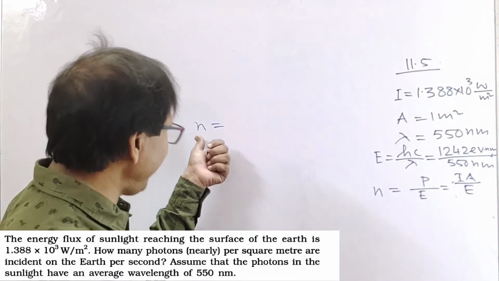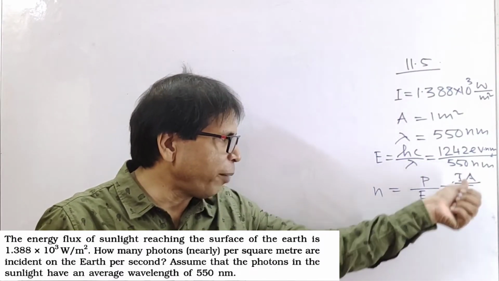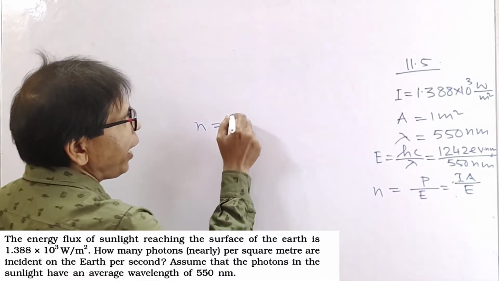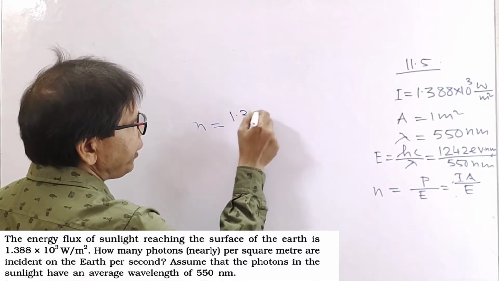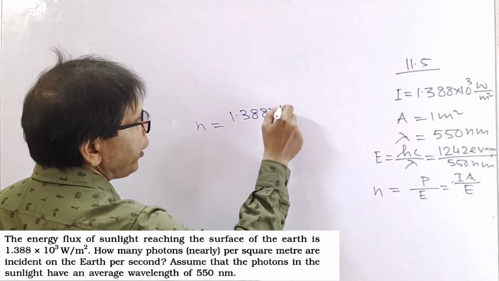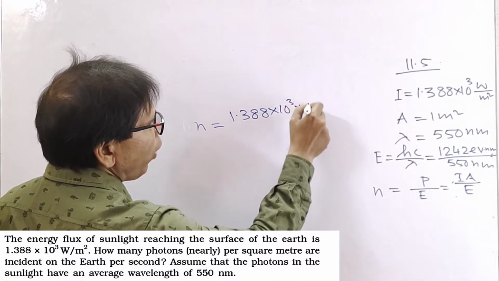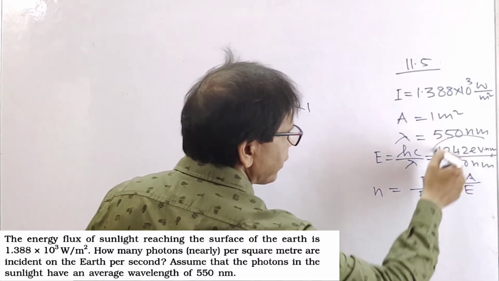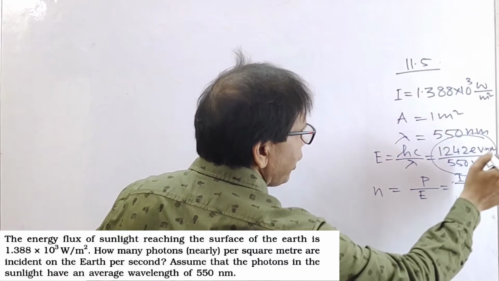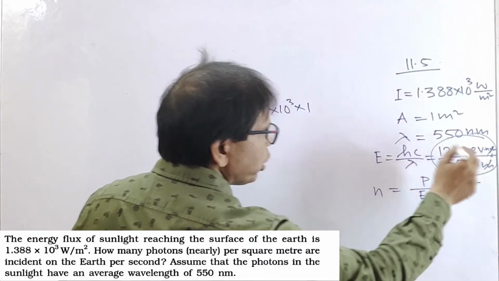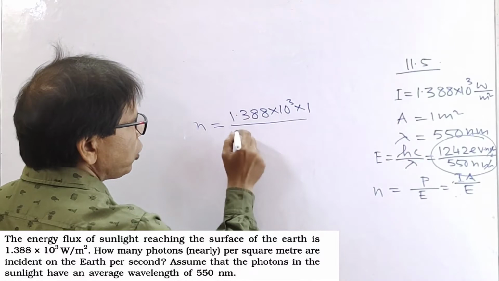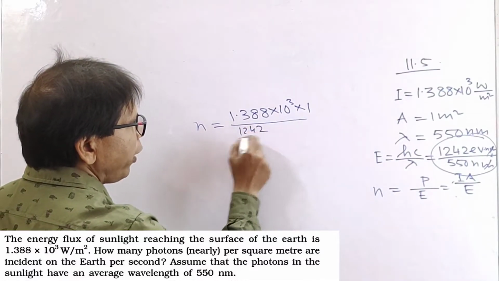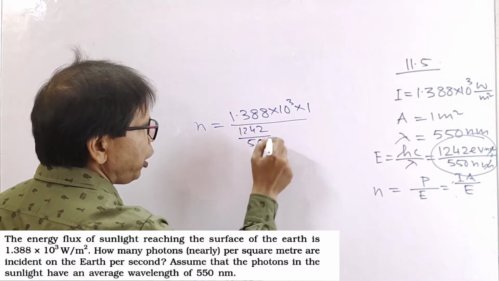Now look at this, n is equal to IA by E. So here I is equal to 1.388 into 10 to the power 3 into 1, and E is in eV. Here nanometer cancels out. So E is equal to 1242 divided by 550 eV.